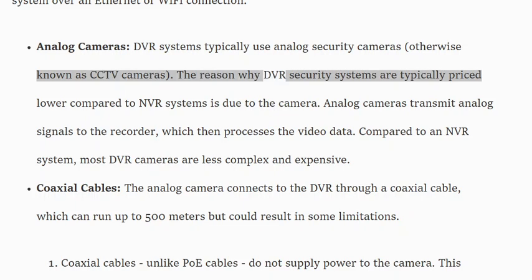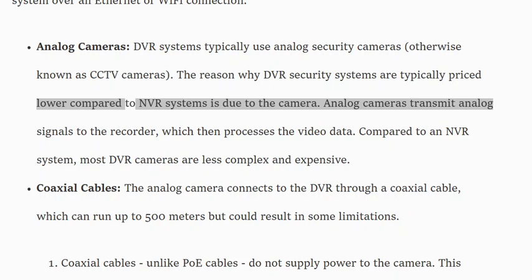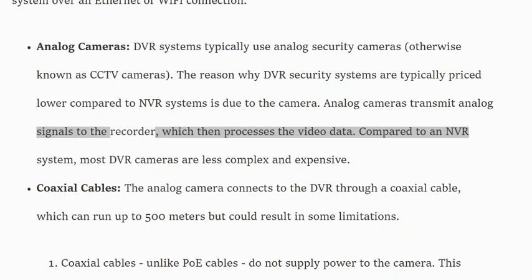The reason why DVR security systems are typically priced lower compared to NVR systems is due to the camera. Analog cameras transmit analog signals to the recorder, which then processes the video data. Compared to an NVR system, most DVR cameras are less complex and expensive.